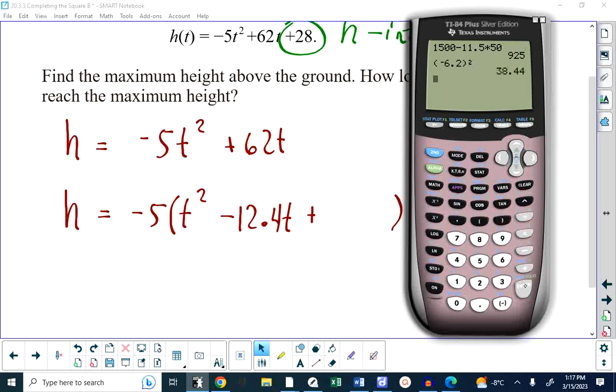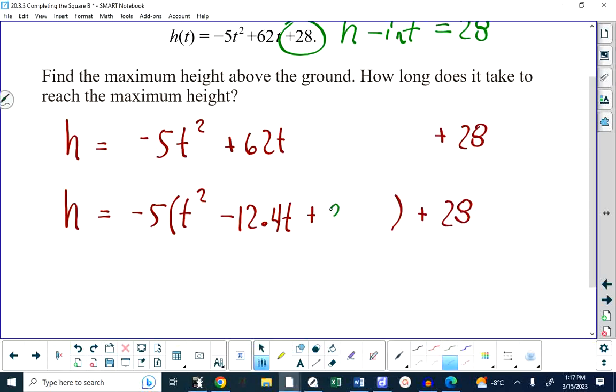And you get 38.44, which, let's be honest, if this were a written response question and you wanted fractions, just go Math, Enter, Enter. Who cares?